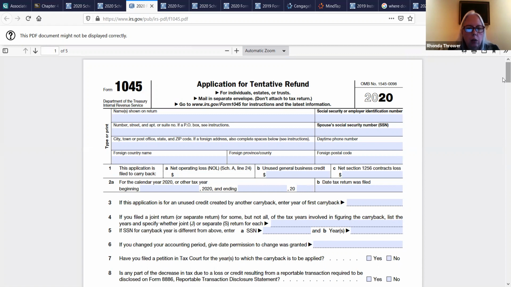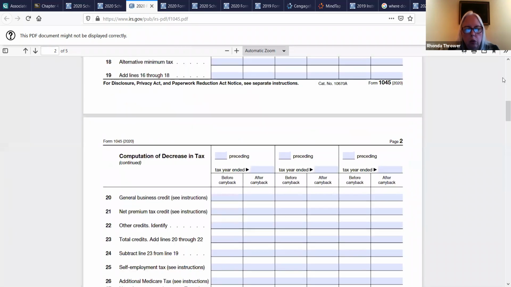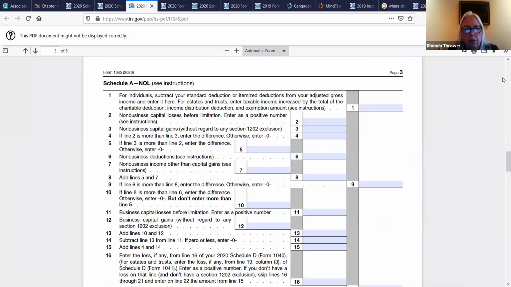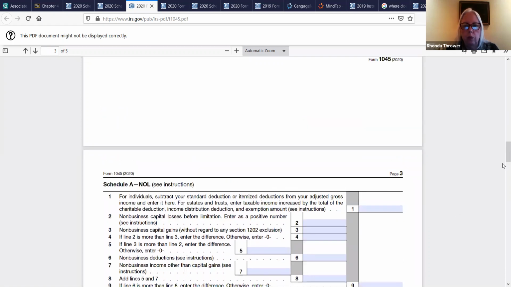And in your instructions, they tell you to fill out Schedule A to see if there's a net operating loss for this company. And so you have to fill out this schedule before you can know what to put on the top part of this form.